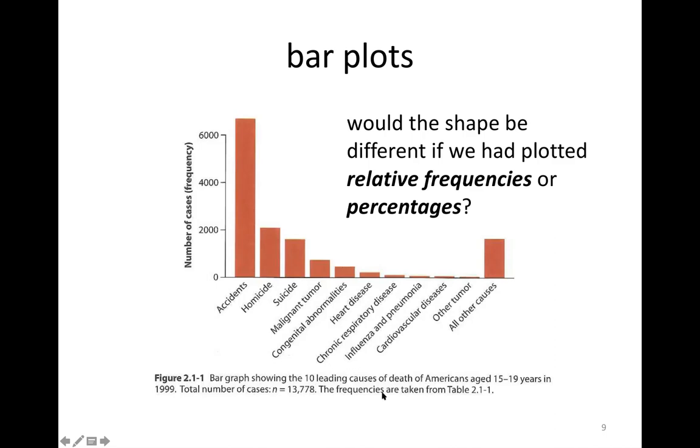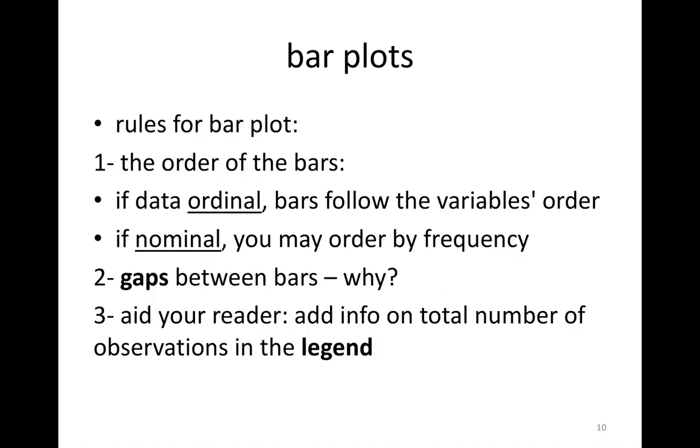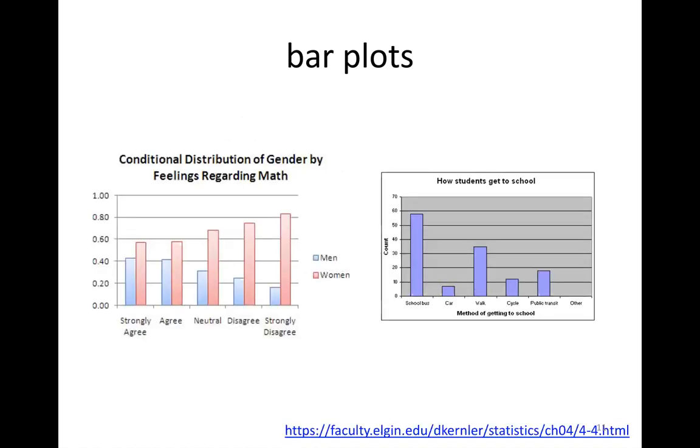So always in the legend, try to provide as much information as possible to the reader to make it clear what is going on. So the rule should be: when the reader looks at a graph, he or she should understand what's going on without having to look into the text. Okay, that will be a good graph.